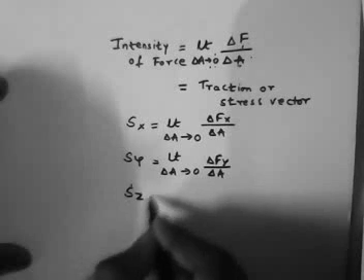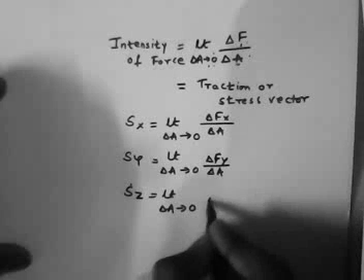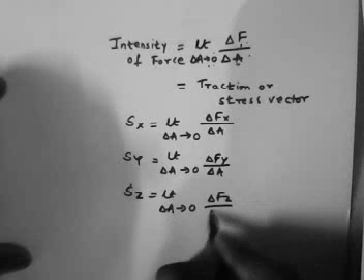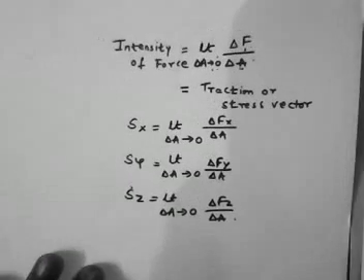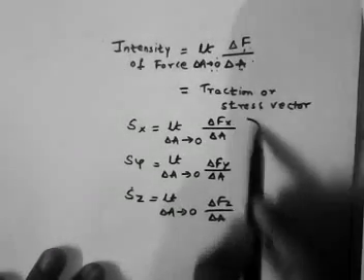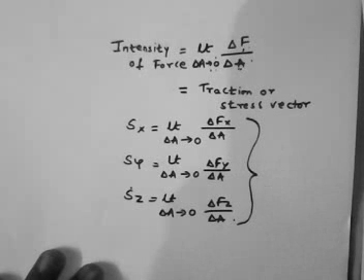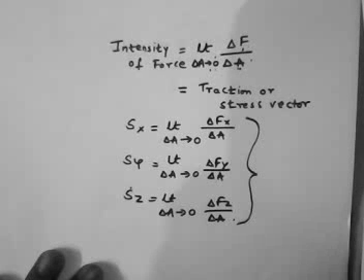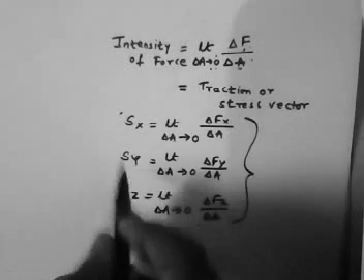Same thing for Sz, that is limit delta A tends to 0 of Fz by delta A. Okay. So what we are getting, these three are the traction vectors. So these traction vectors, basically the traction components.